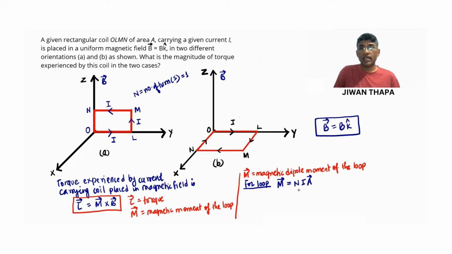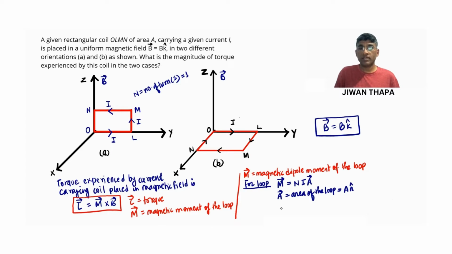I represents current, and vector A represents the area of the loop, and vector area equals magnitude of area times n cap.